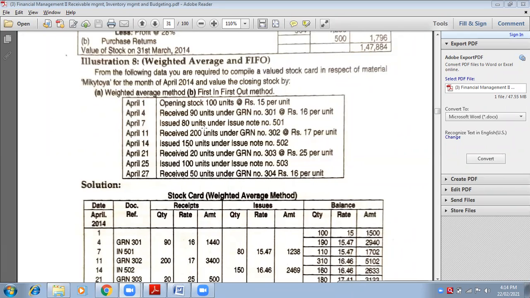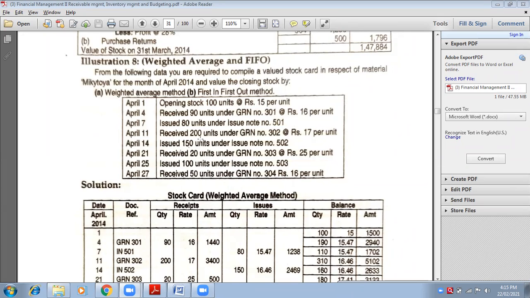Now come down to the next date, 11th date. Received 200 units under GRN number 302 at the rate of rupees 17 per unit. So how many units are received? No, units. 200, ma'am.